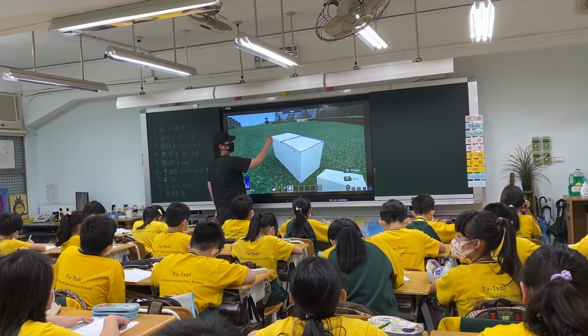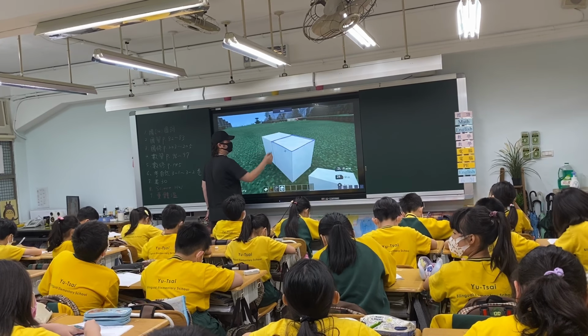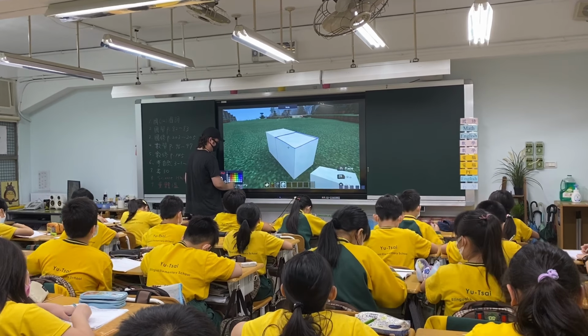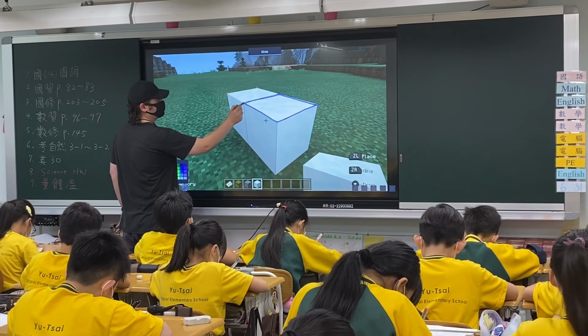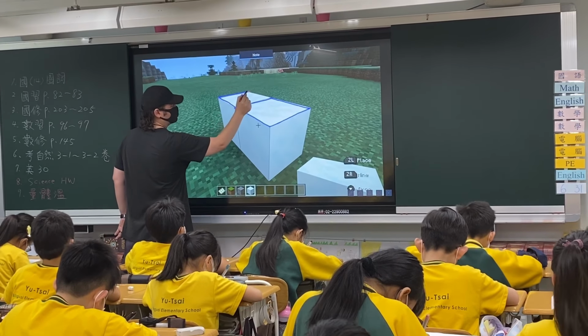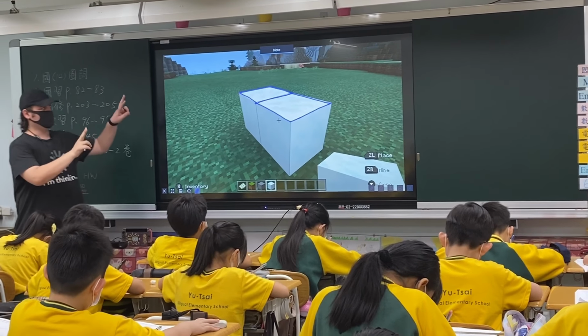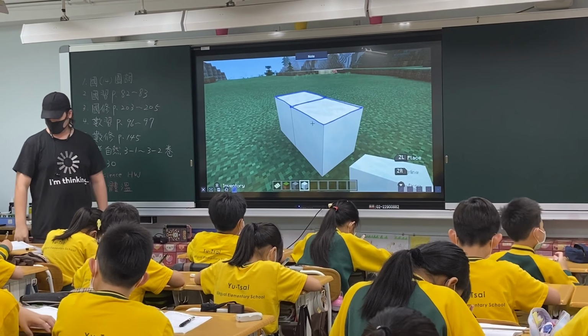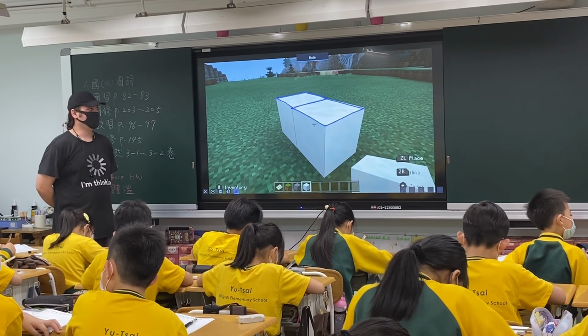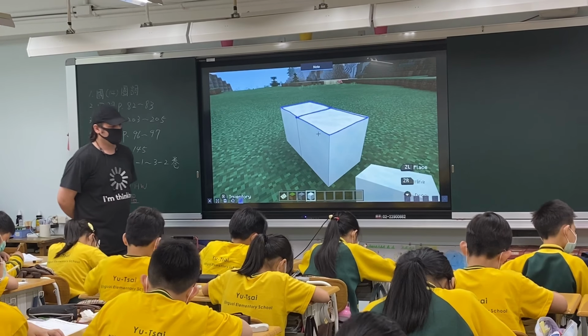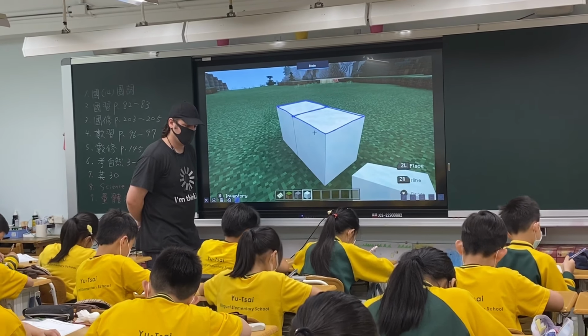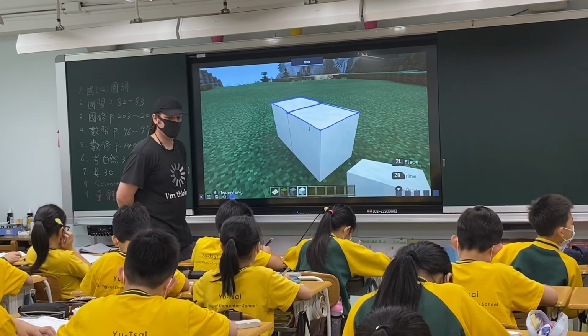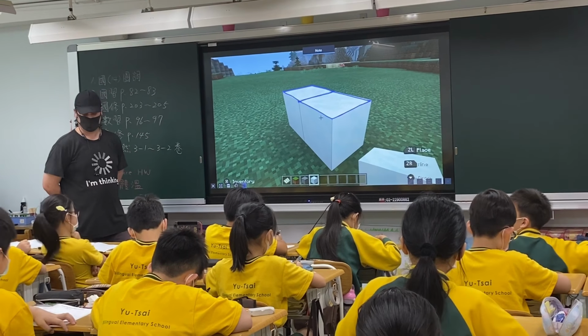Second rhombus, this point and this point up here. So if you now complete this rhombus, it should look something like this. Okay? You should see 2 rhombuses stuck next to each other. Who's not finished making the 2 rhombuses?